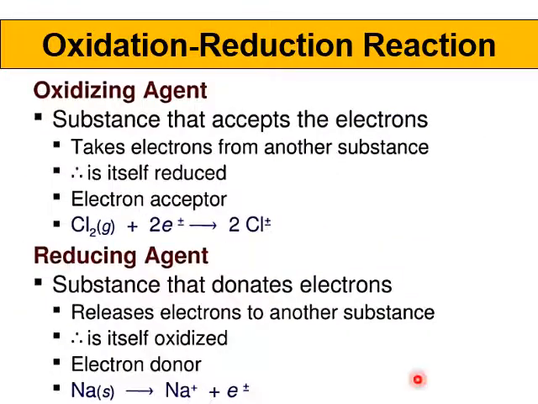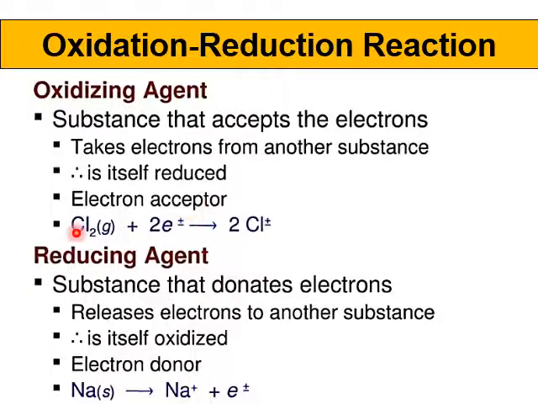If a substance undergoes the process of reduction, it means that substance is an oxidizing agent. The substance accepts electrons, takes electrons from another substance, and itself is reduced. It is also known as an electron acceptor.